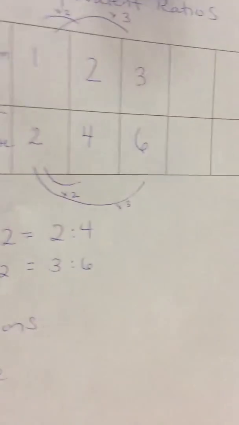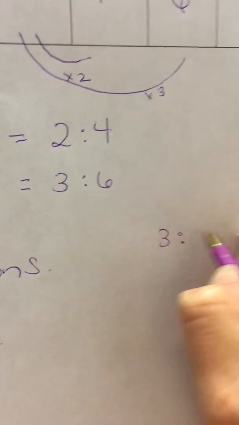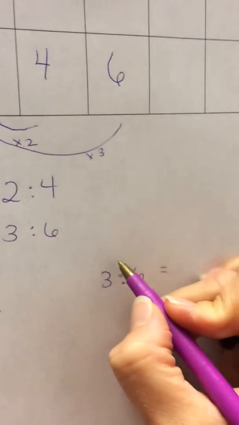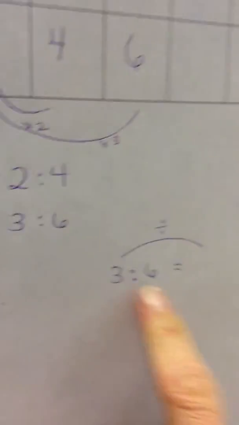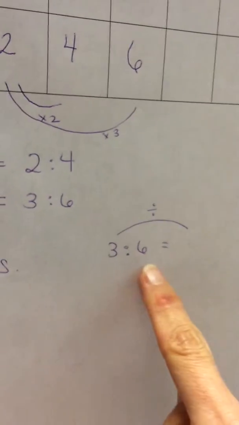Okay, and the same can happen. We can work in reverse, and we can do division as well. So just say we had 3 to 6 and we wanted to come up with an equivalent ratio. Well, basically all I have to do is take 3 and divide this number and this number by the same number, and we're good.